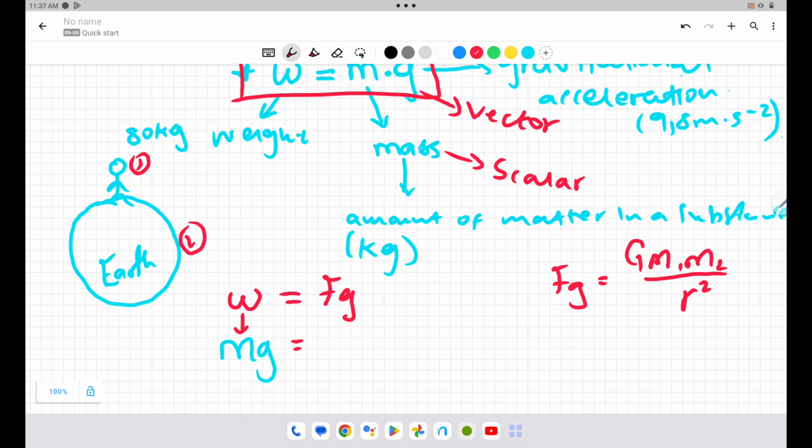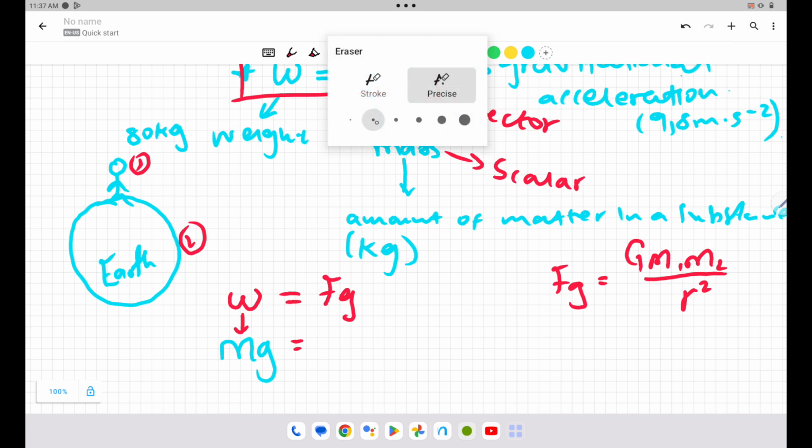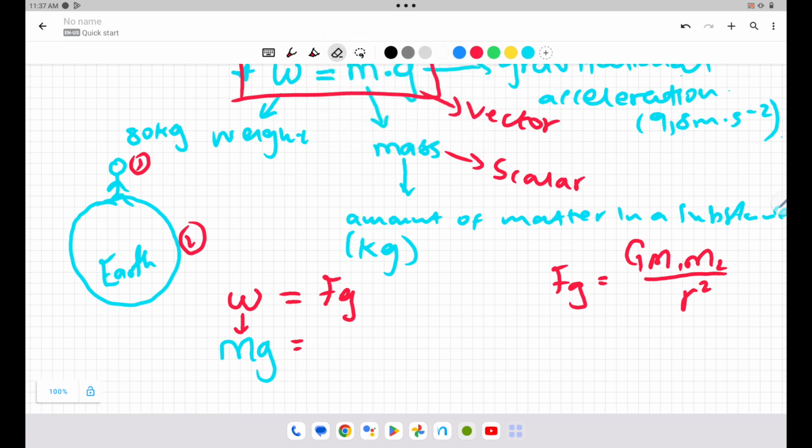So this will be the mass of the man. And the mass of the man, I'm going to leave it as m because I used m in that first equation. And then m2 will be the mass of object 2. What will be object 2? That will be Earth. Remember what r is. r is the distance from the center of the man to the center of the Earth. But we know the mass of Earth.